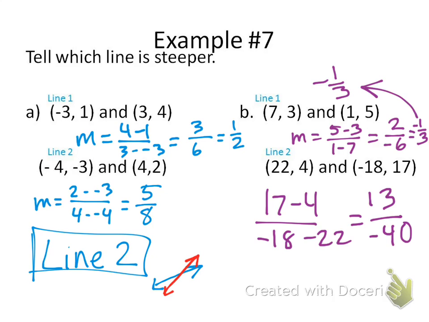And 13 over -40. So they're both negative. That doesn't really matter. We need to figure out what's greater, 1/3 or 13 over 40.